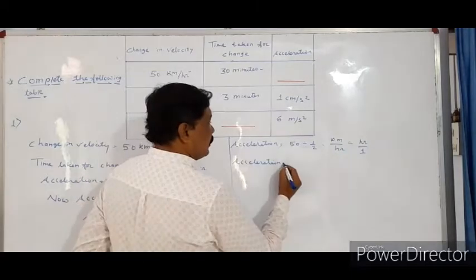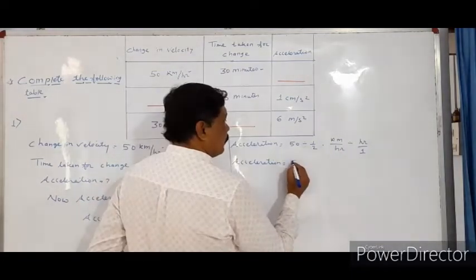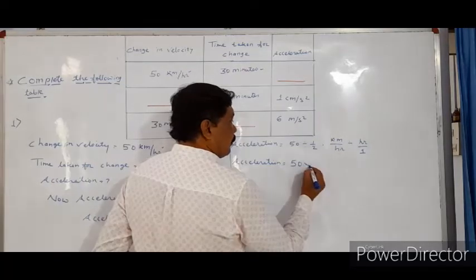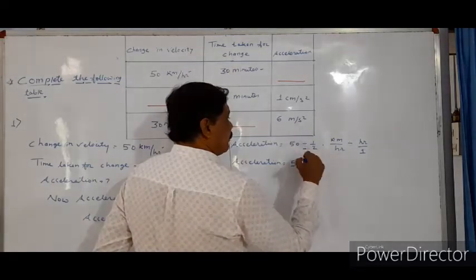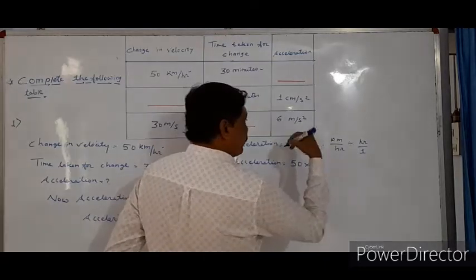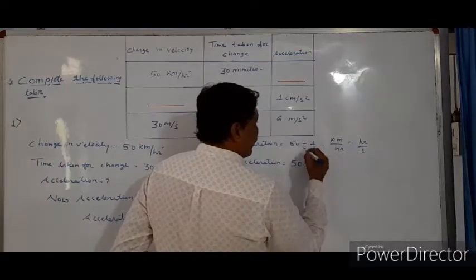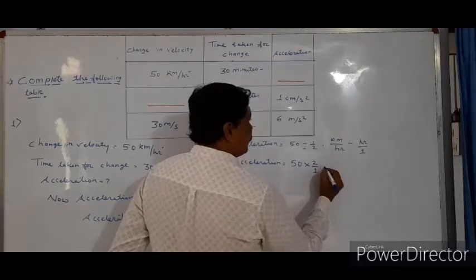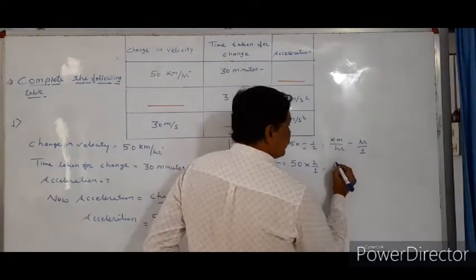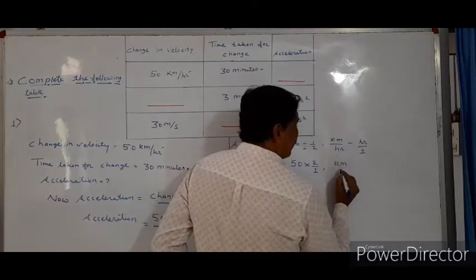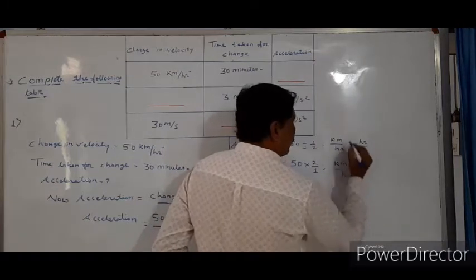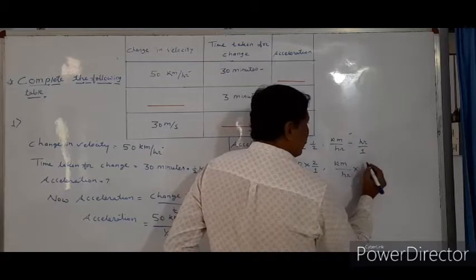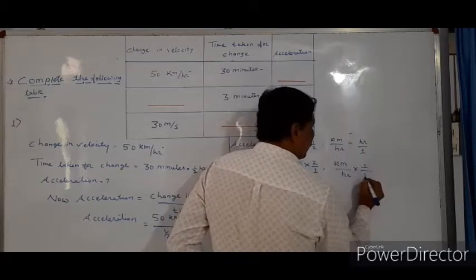Acceleration is equal to 50, division will convert into multiplication, so it will be the reciprocal of half, and reciprocal of half will be 2 by 1. This also we can change, kilometer per hour division will get converted into multiplication, it will be 1 by hour.